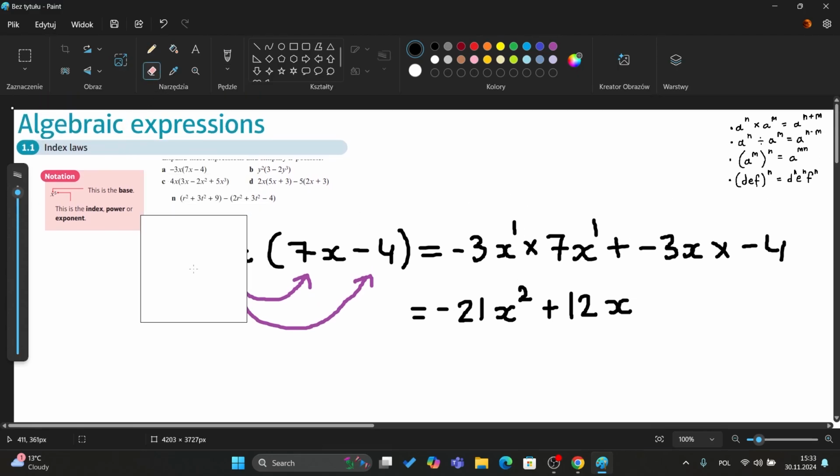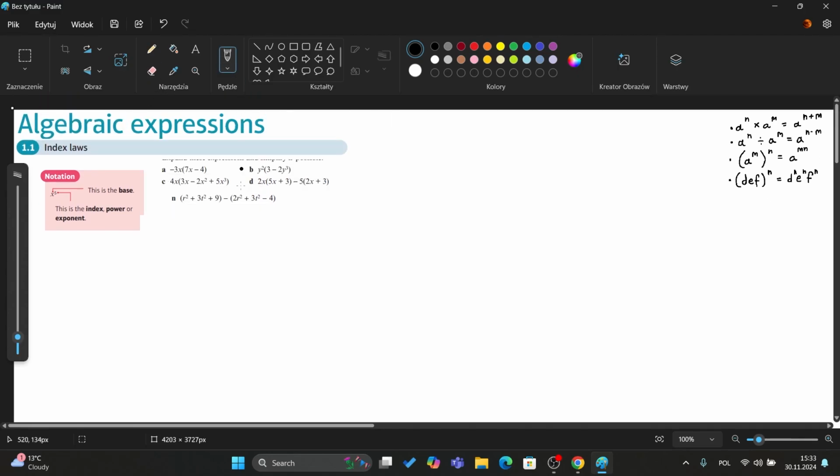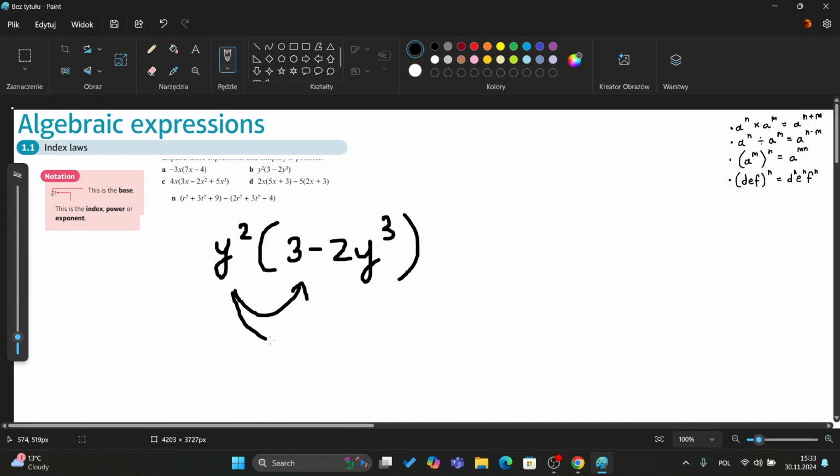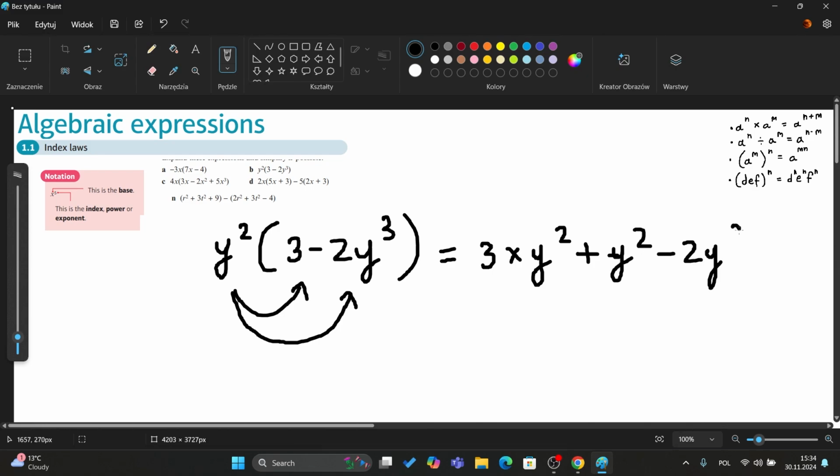Let's go to question B. What happens here? We get y squared times 3 minus 2y cubed. We do the same. We multiply y squared by each term in the bracket. So that's going to be 3 times y squared plus y squared times minus 2y cubed.